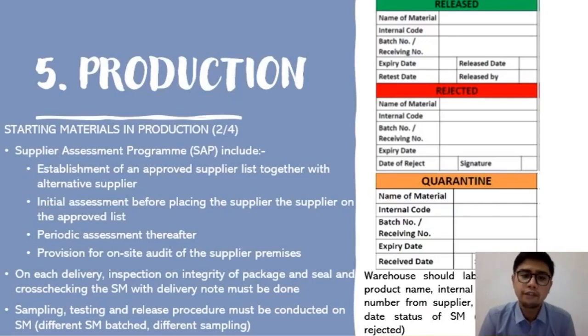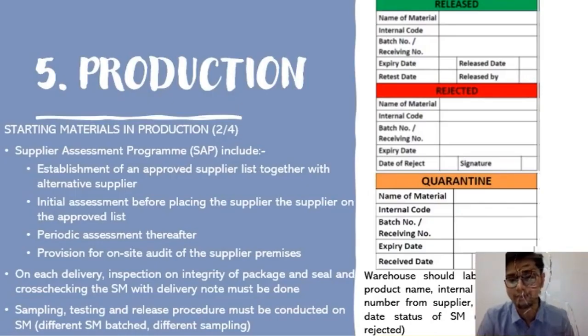After that, sampling and testing should be done and the starting material will be released after passing all the required testing. The warehouse should label the stored starting material with the product name, internal code reference, batch number from the supplier, expiry date, receive date, and status of starting material, whether it is quarantined, released, or rejected.